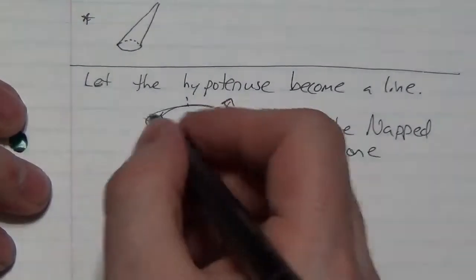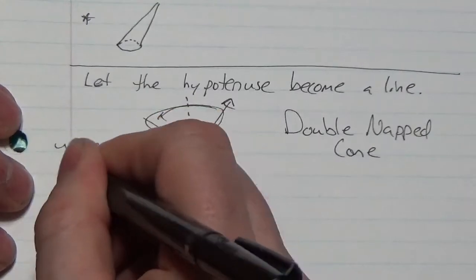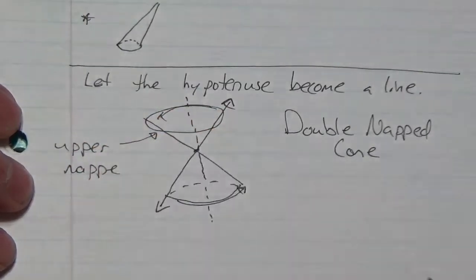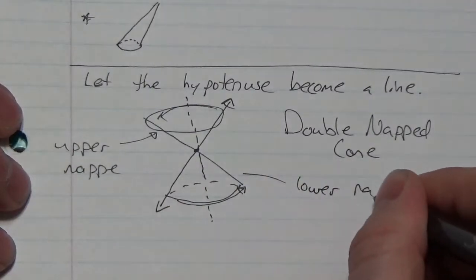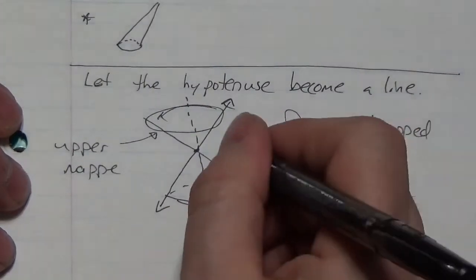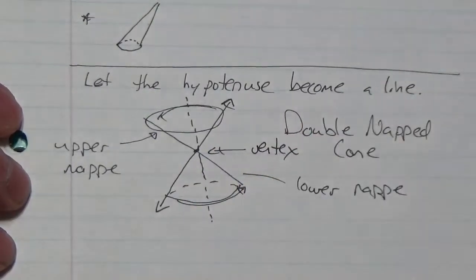So, needless to say, this is what we call the upper nap. And this is what we call the lower nap. No surprise there. The point at the middle here is the vertex.